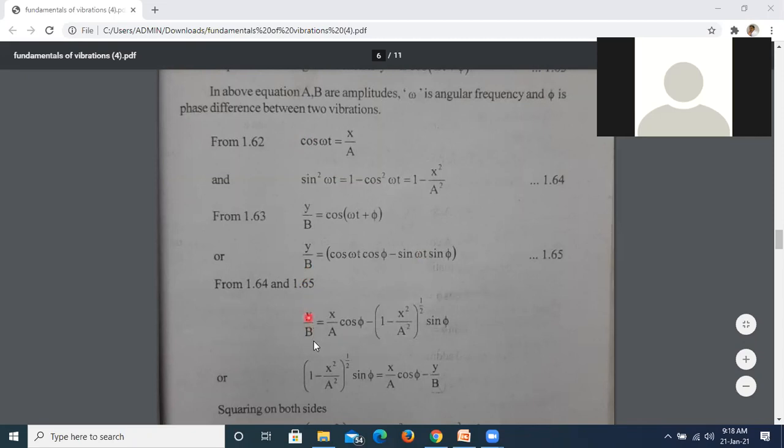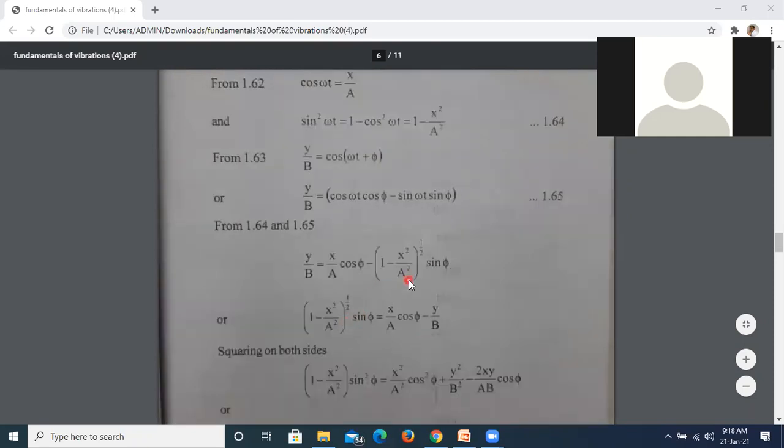Then you will get y by B is equal to x by A cos phi, written as it is, minus the square root of 1 minus x square by A square times sin phi. Then write the square root of 1 minus x square by A square times sin phi as the subject: x by A cos phi minus y by B.